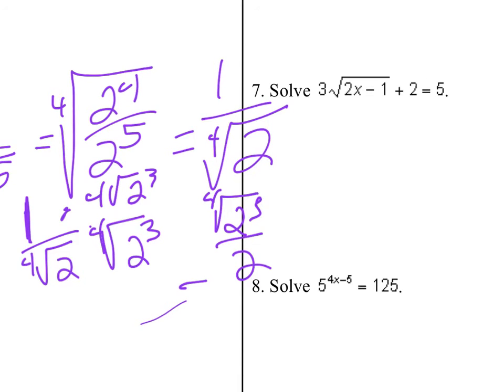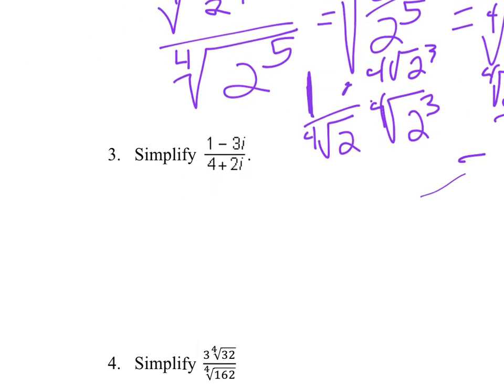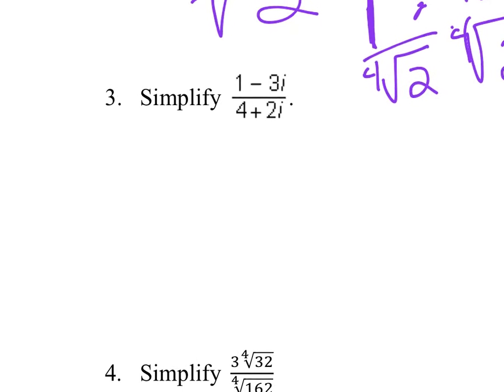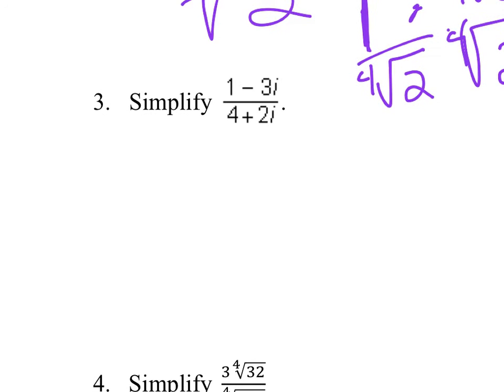There we go. We're making it bigger so I can get more on there. 1 minus 3i over 4 plus 2i. Well, we have to multiply it by the conjugate of the denominator, 4 minus 2i. So we're going to multiply this by 4 minus 2i over 4 minus 2i.